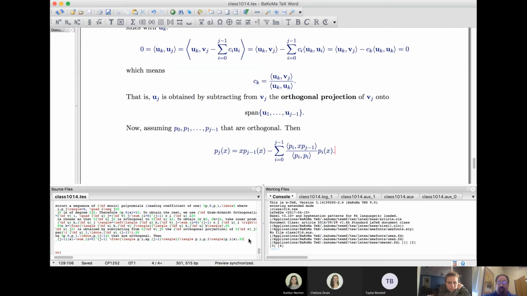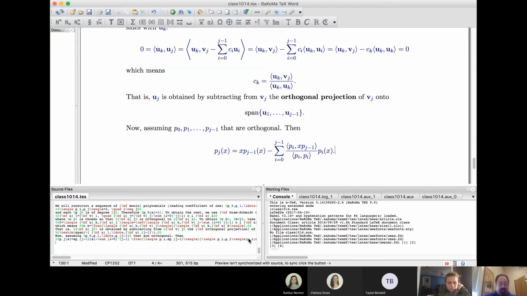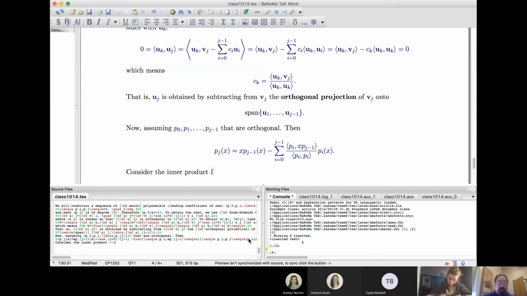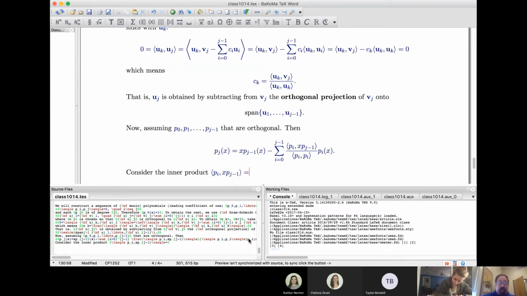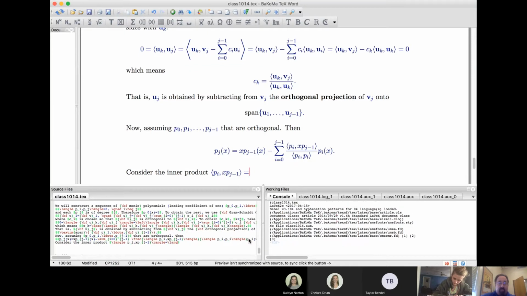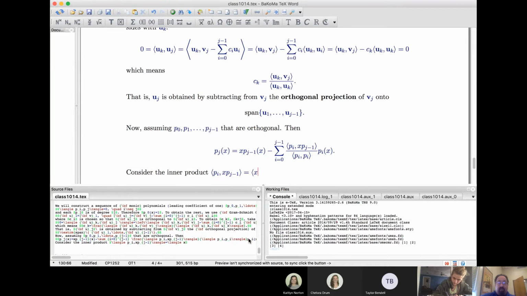Good, because now here's where things get really freaky. If we look at this inner product, the numerator, pi and x pj minus 1, I can rewrite that as x pi with pj minus 1.